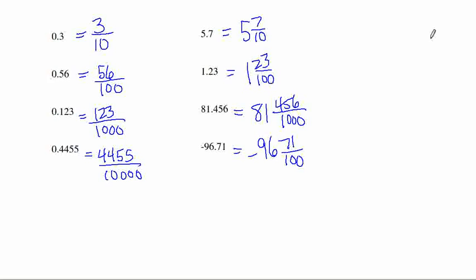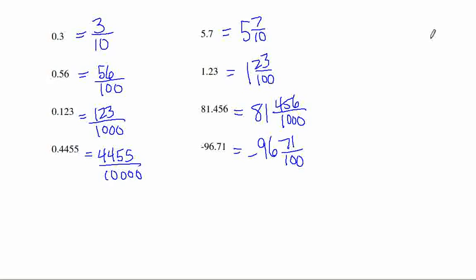So the first one, 0.3, there's just the number 3 to the right of the decimal, so the equivalent fraction has a numerator of just 3. The 0.56 is equivalent to a fraction with a numerator of 56, and on and on. So that's how we can determine the numerator.